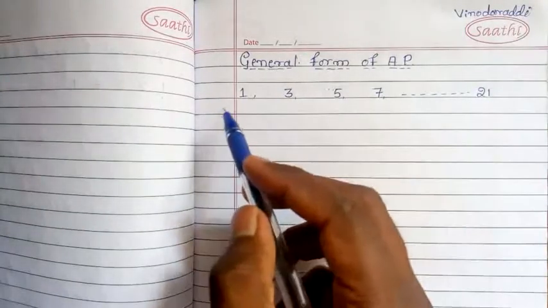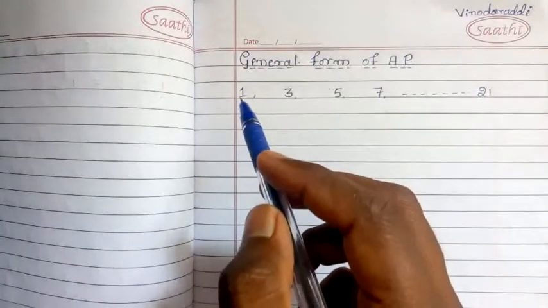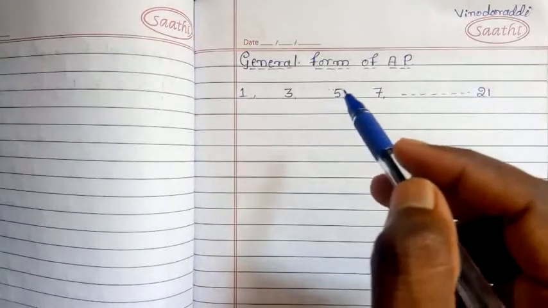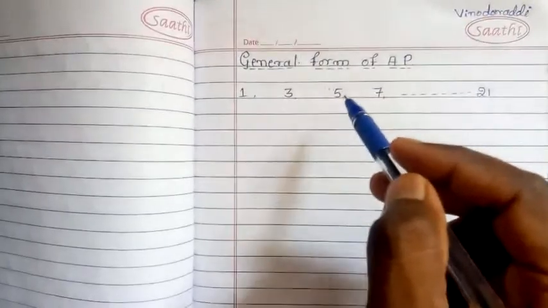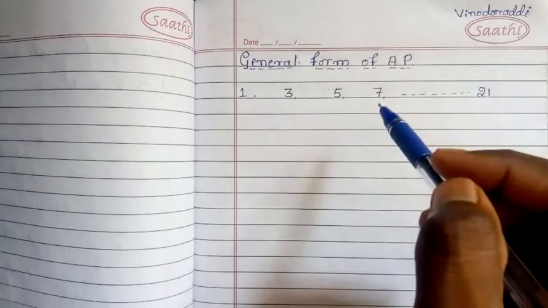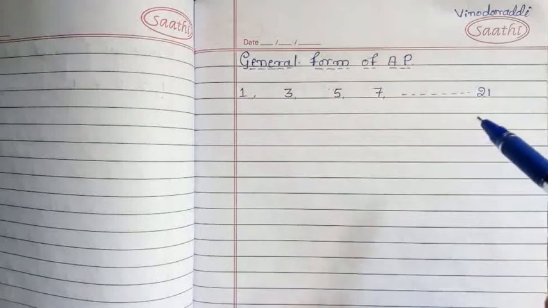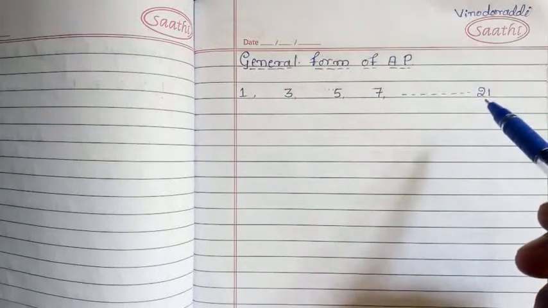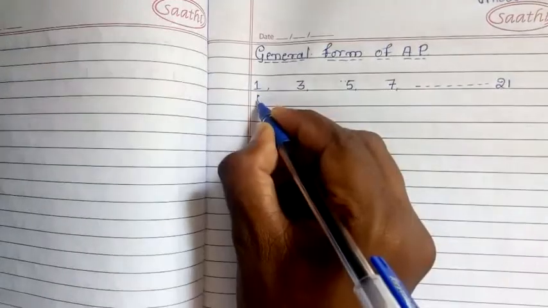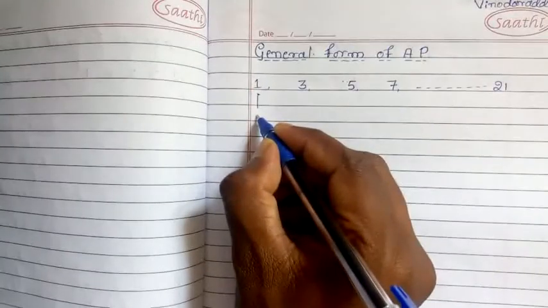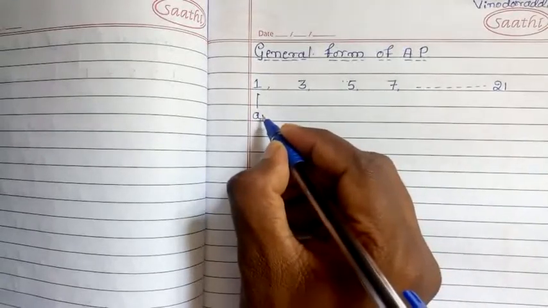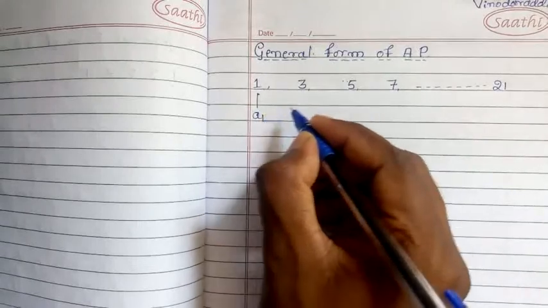Here 1 is the first term of the arithmetic progression, 3 is the second term, 5 is the third term, 7 is the fourth term, and 21 is the last term of the arithmetic progression. 1 is the first term, that is A1. A1 means the first term of the arithmetic progression.